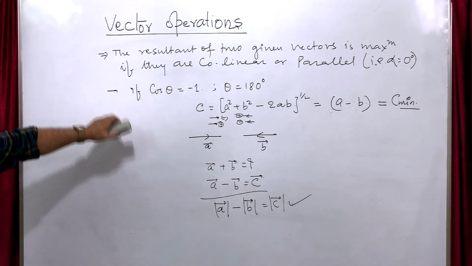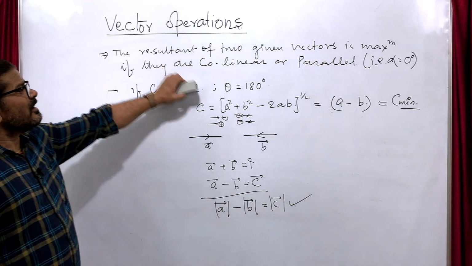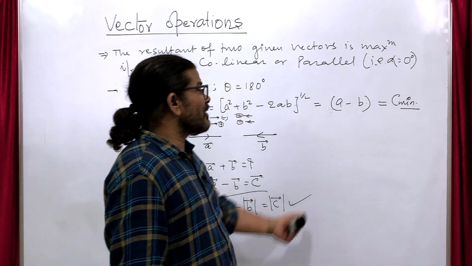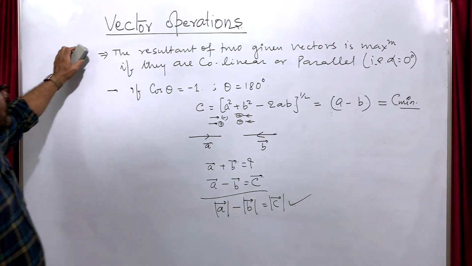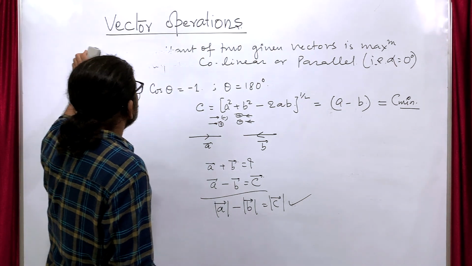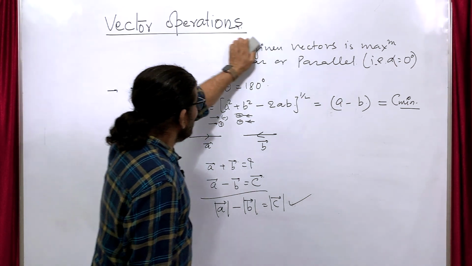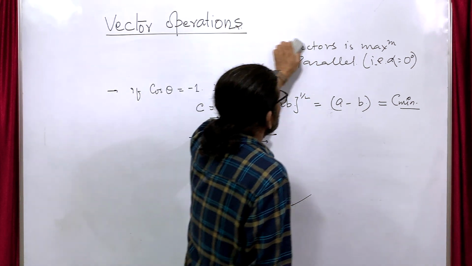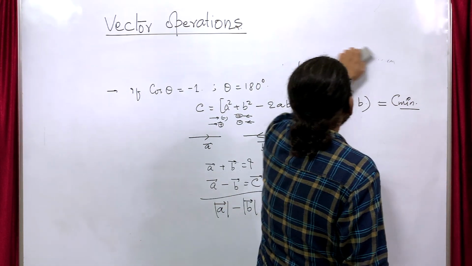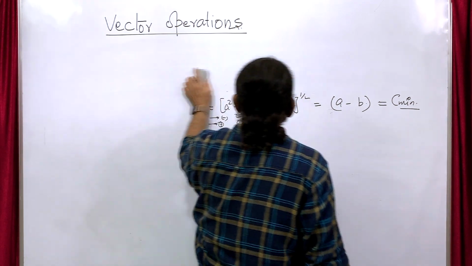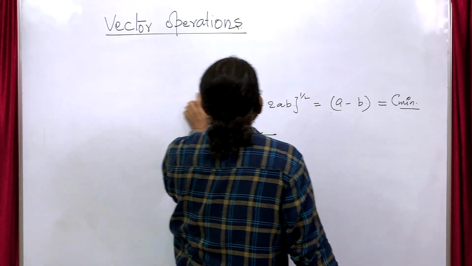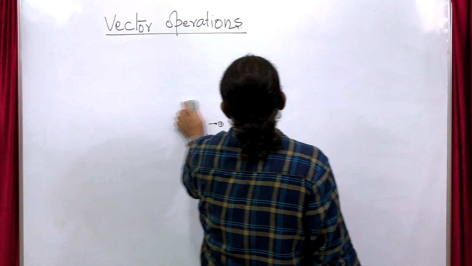So in this way you can see, just by using the law of parallelogram, you can calculate the addition or subtraction of two vectors, depending on the angle between them, which will be either 90 degrees or non-perpendicular. Resultant of two perpendicular vectors, resultant of two non-perpendicular vectors.